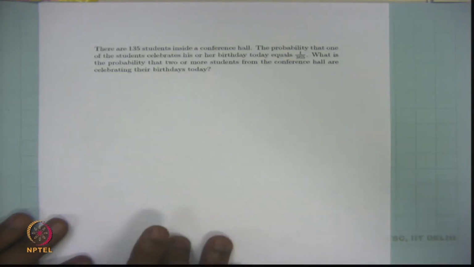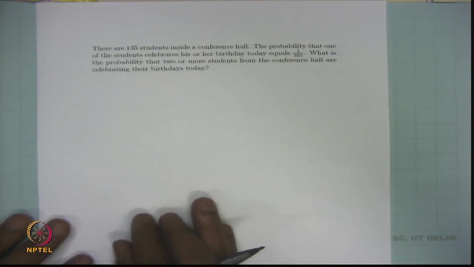2 or more is equivalent to saying the negation, in the form of 1 minus no one and 1. That means the probability that 2 or more students are celebrating their birthday today is the same as 1 minus the probability that no one is celebrating minus the probability that only one person is celebrating, because the summation of all the probabilities is 1.